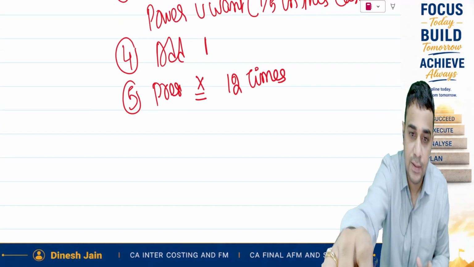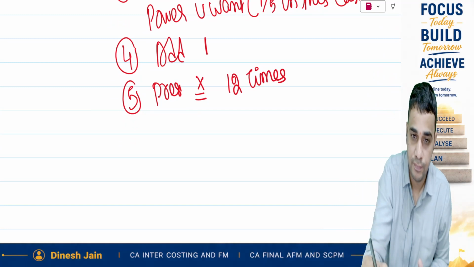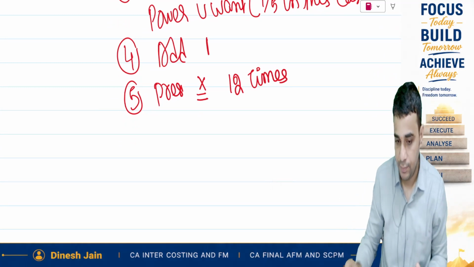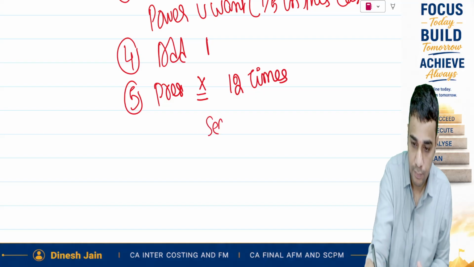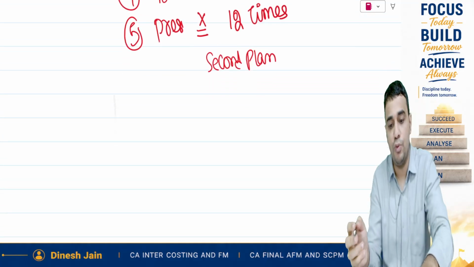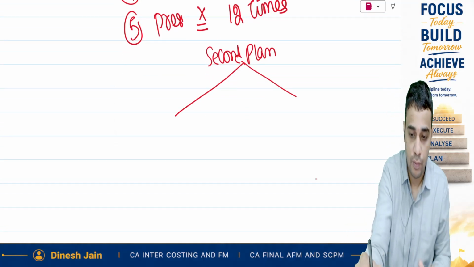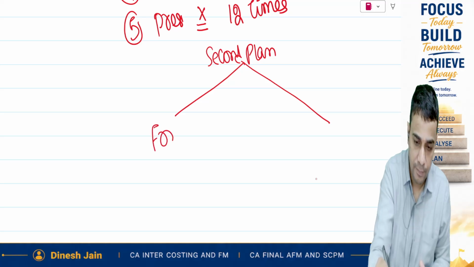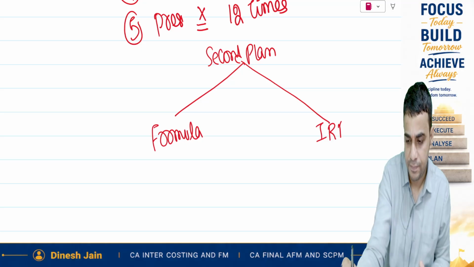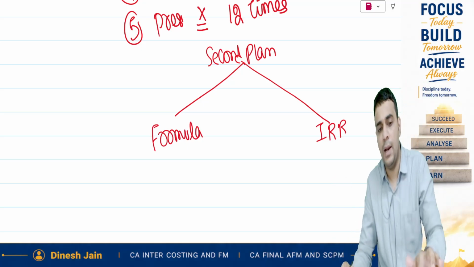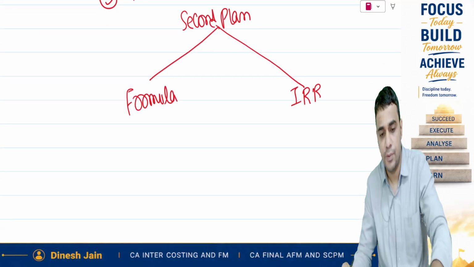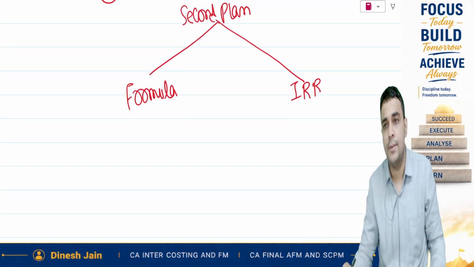Okay, second plan. Split into two: formula and IRR.